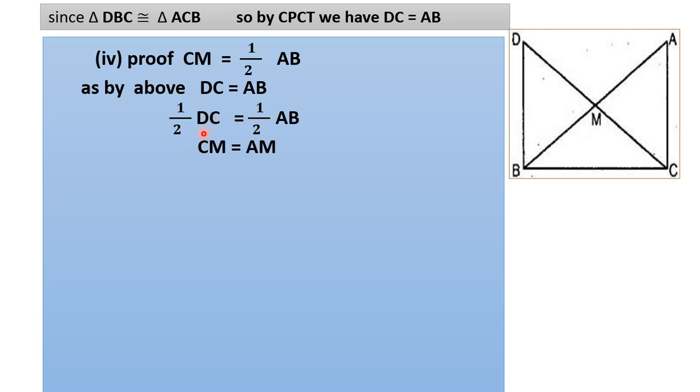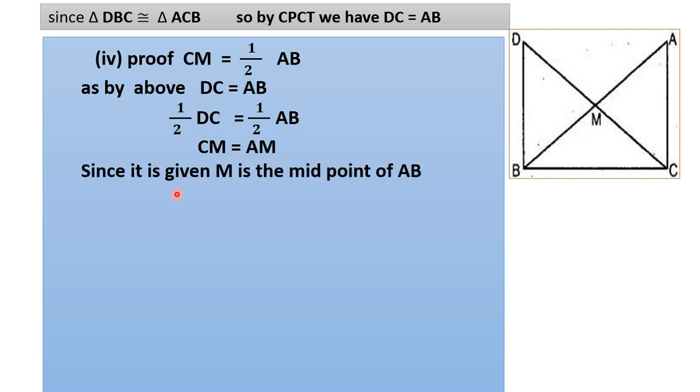In the figure, half of DC we can write as CM or DM, both are possible, but we take CM as we have to prove for CM. And half of AB we can write as BM or AM. So we write AM. So CM is equal to AM.